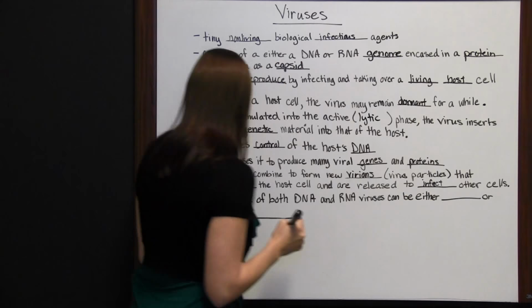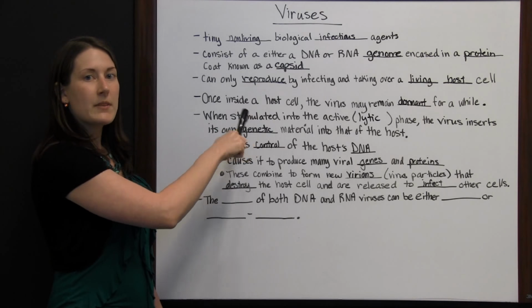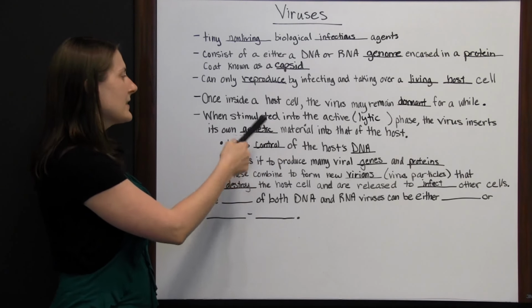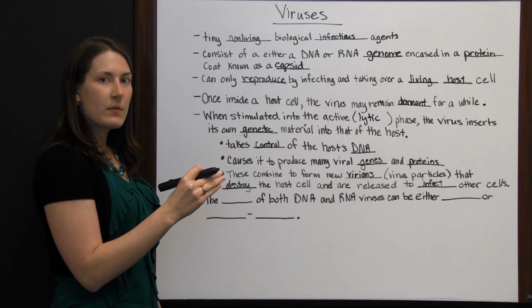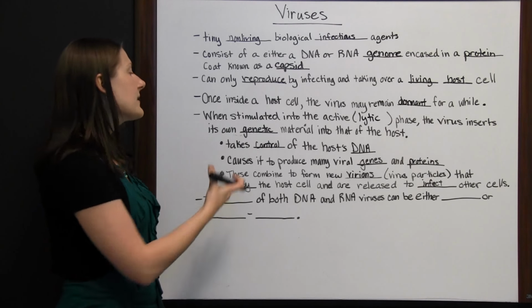So what happens is, once the virus becomes active and it's in the lytic phase, it's going to insert its own genetic material into that of the host cell, so probably into the nucleus.